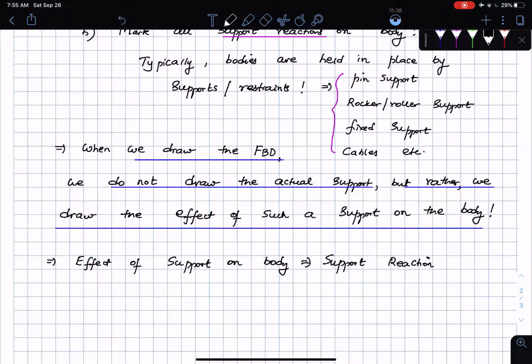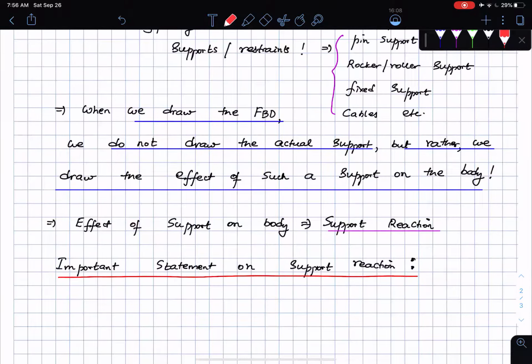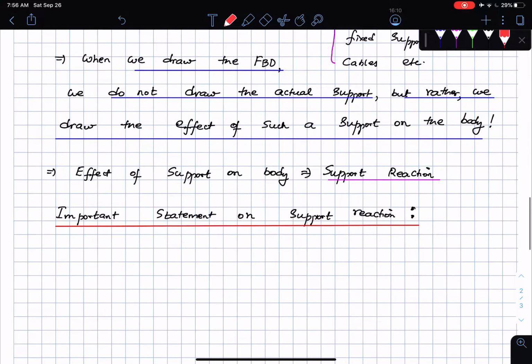And there are two broad categories of support reactions. Here are two fundamental statements, an important statement on support reactions. This is something that you may want to remember for the rest of this course and for any other course. Here is the statement.